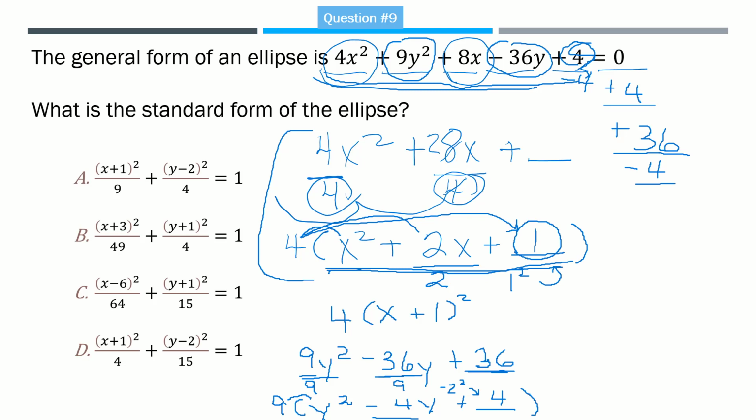So we can go ahead and factor those out. With the x's, I have 4 times x plus 1 squared. The y's, I have 9 times, and then we got this trinomial right here.